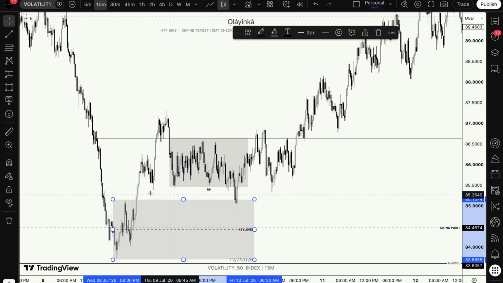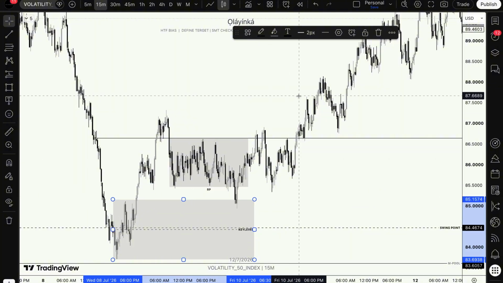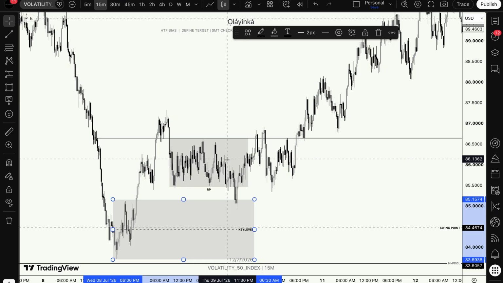So when you see this accumulation happen close to your POI, be rest assured that there's going to be a manipulation into your POI before price starts going the way you want it to go, if you get your key level and your bias right. So on my key level, when I saw this range profile happening, I expected price to manipulate into my POI and then buy.